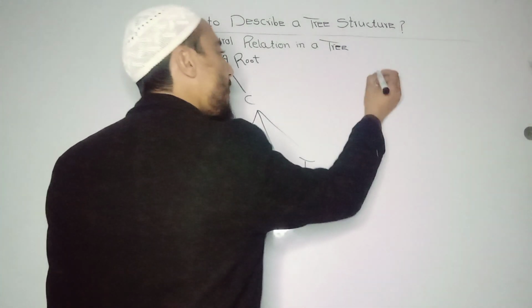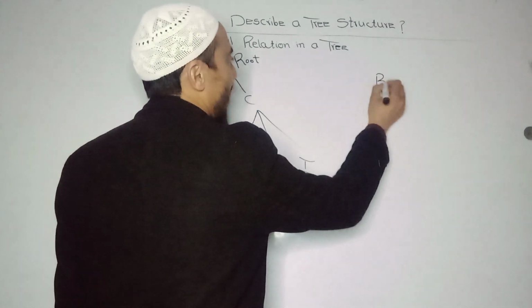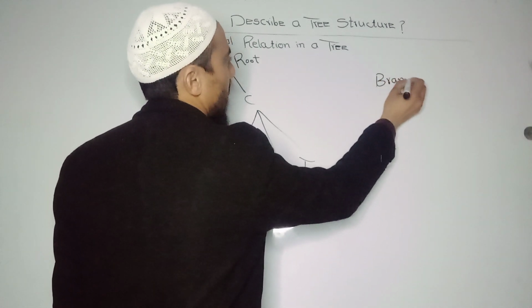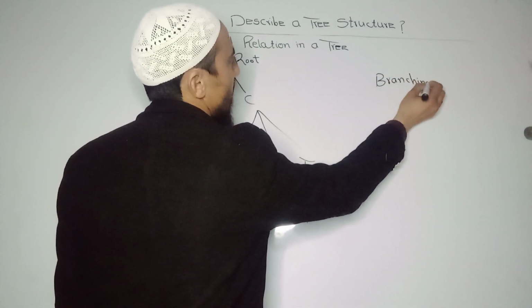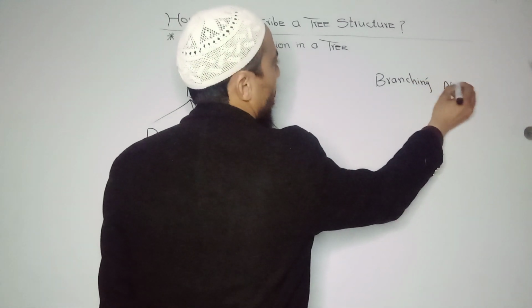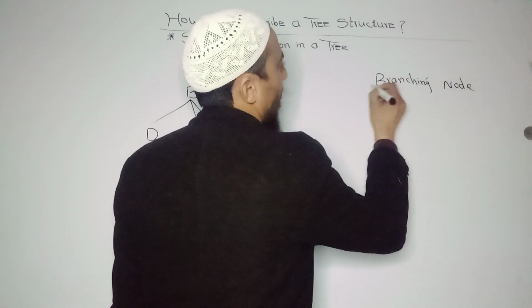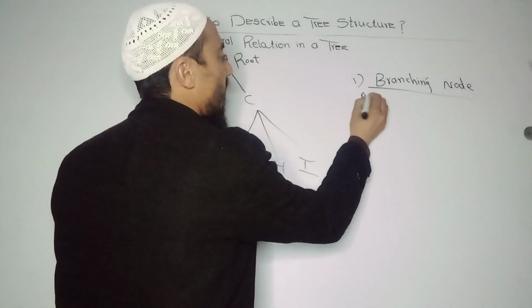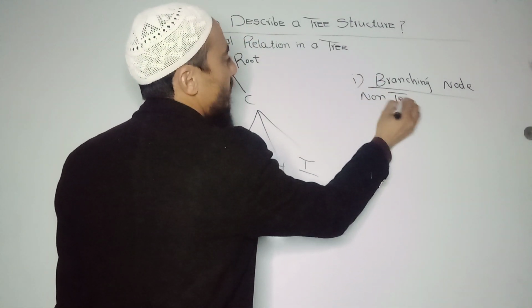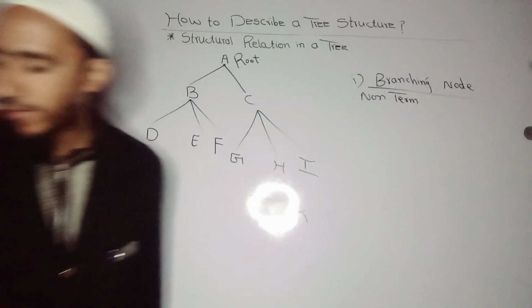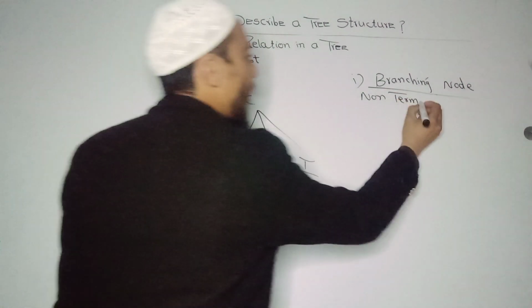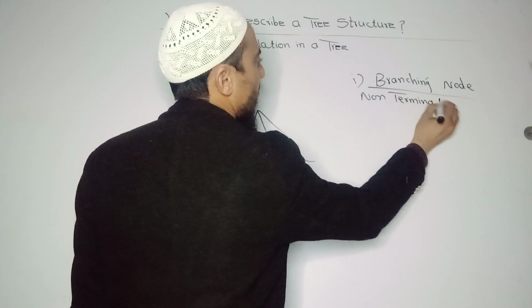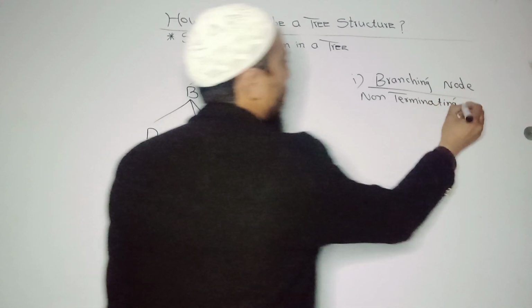Now there are so many types and branches of nodes. First of all, we have the branching node. The branching node is also called the non-terminating node.